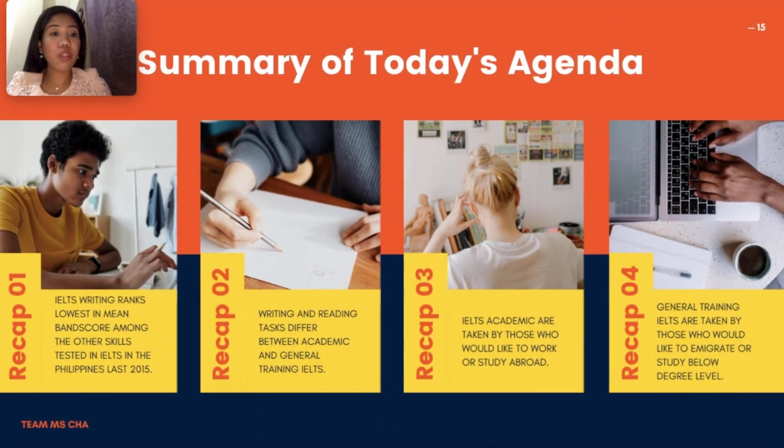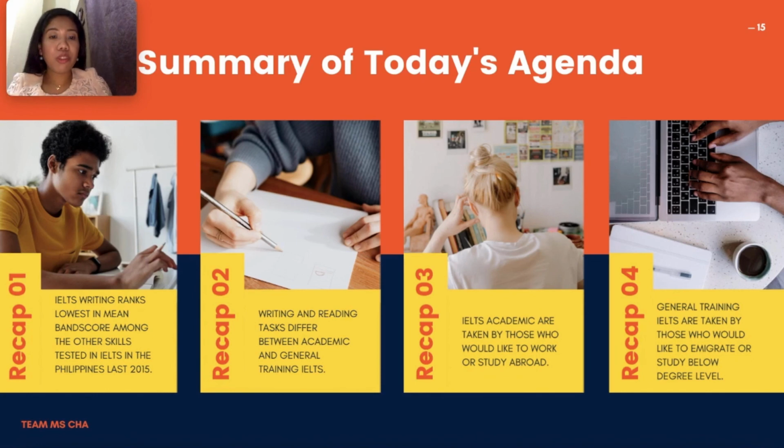To summarize our agenda today, we have recap number 1. IELTS writing ranks lowest in mean band score among the other skills tested in IELTS in the Philippines in 2014, 15, and 2019.